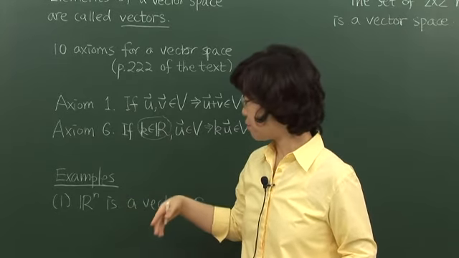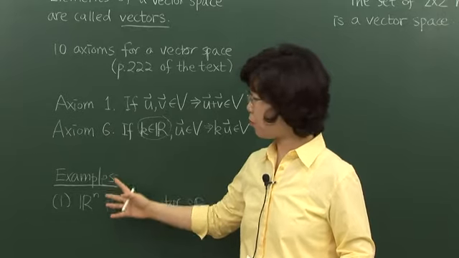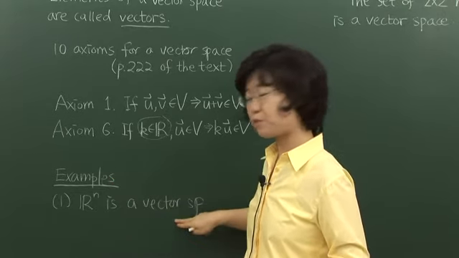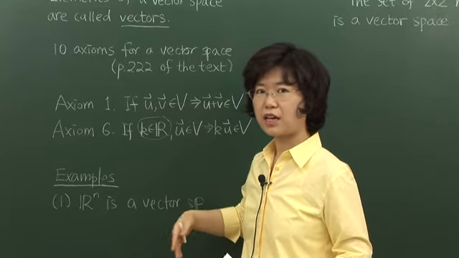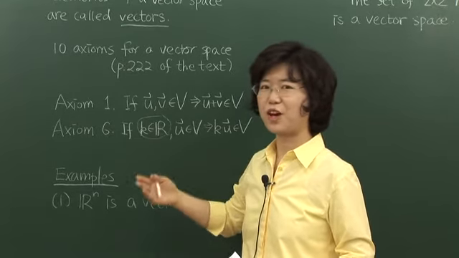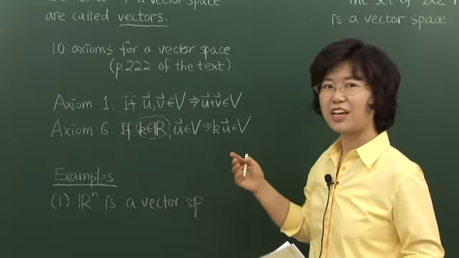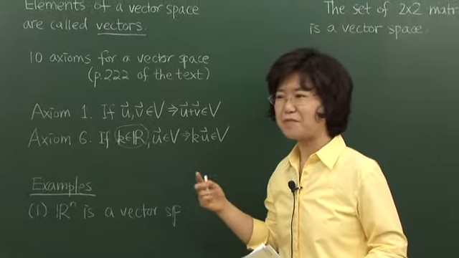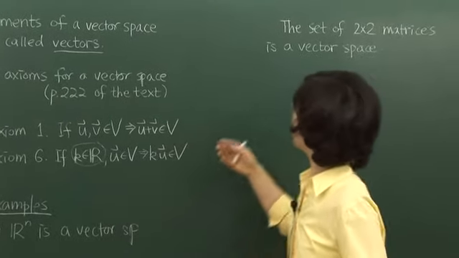The most important properties of these Euclidean n spaces are extracted and become axioms to define general vector spaces.